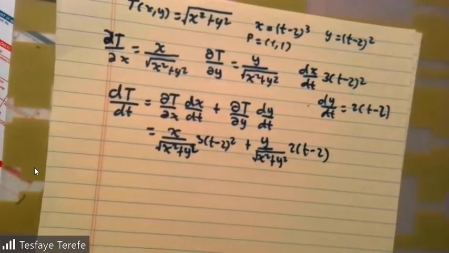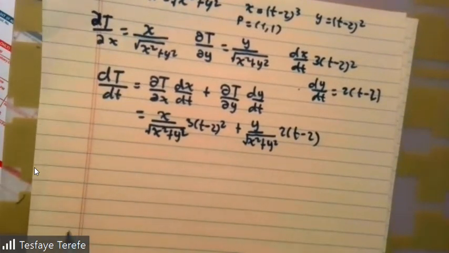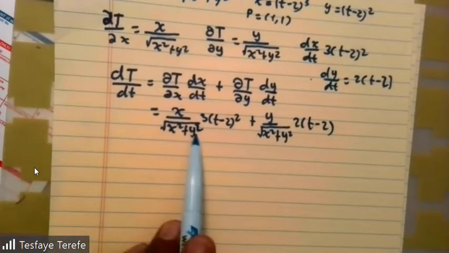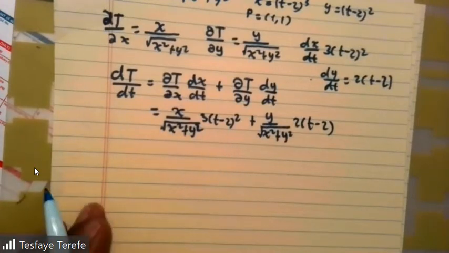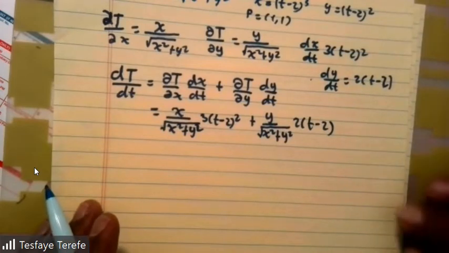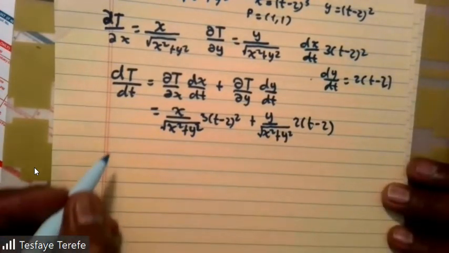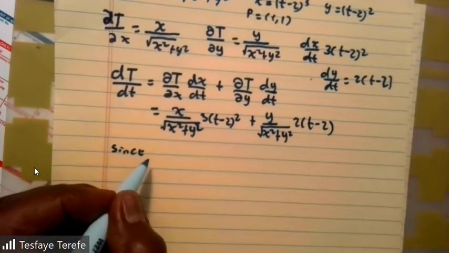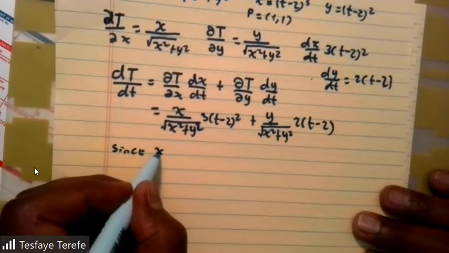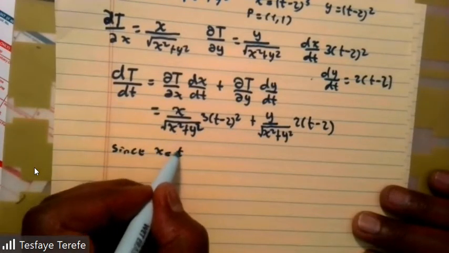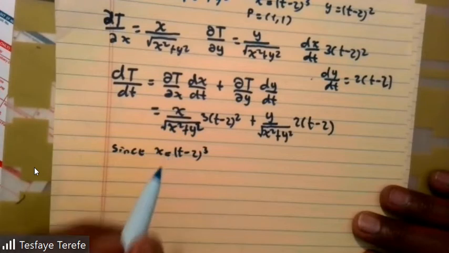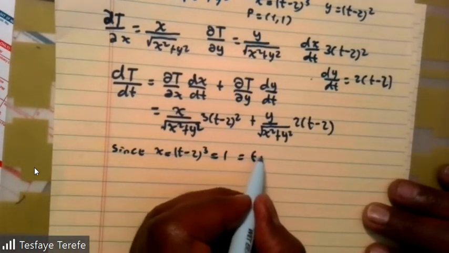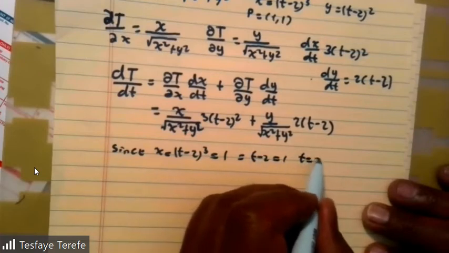You don't have to express actually everything in terms of t here because you are given a specific point. The problem is x and y are known. How about t? How do we find it? Well, we can't really determine that. When x is 1, since x is equal to t minus 2 cubed, and that equals 1, then what we have is t minus 2 is equal to 1 and t is equal to 3.